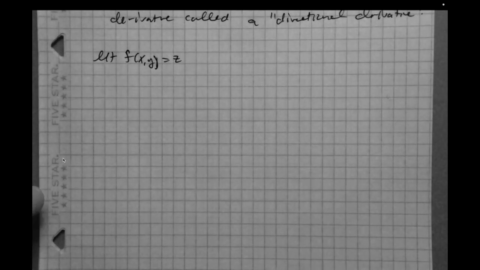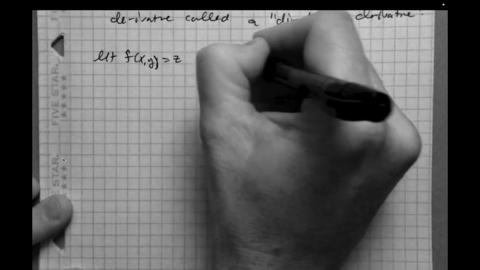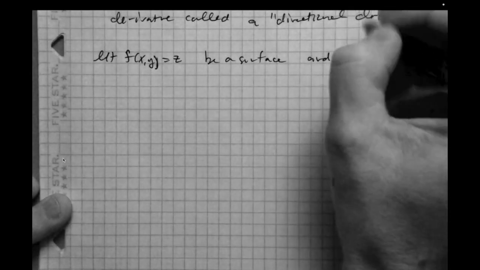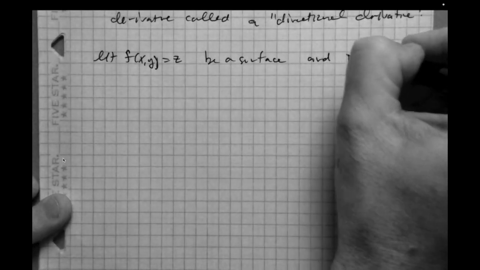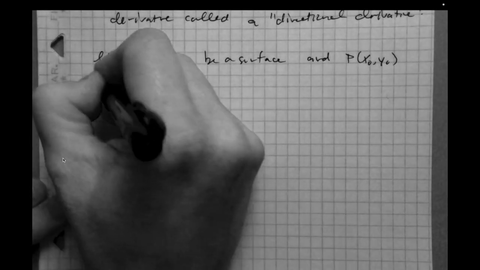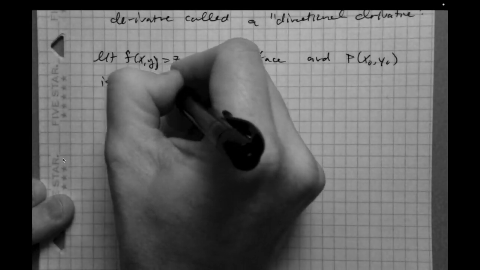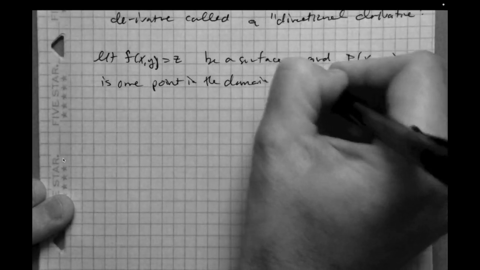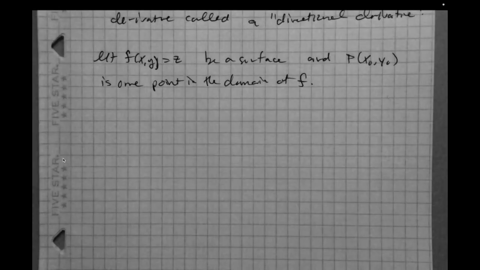This is going to be a surface. And a particular point, x naught, y naught, is going to be some point in the domain of f. So namely, this is some point in the xy plane. Then the direction of the directional derivative is given by some unit vector.